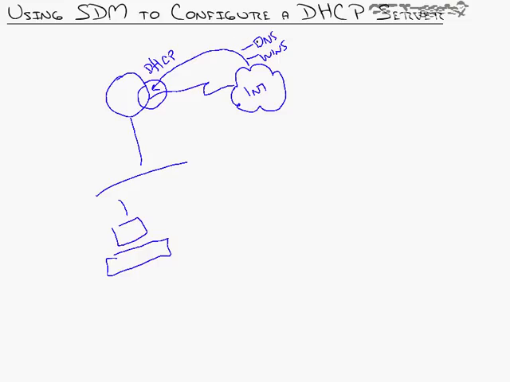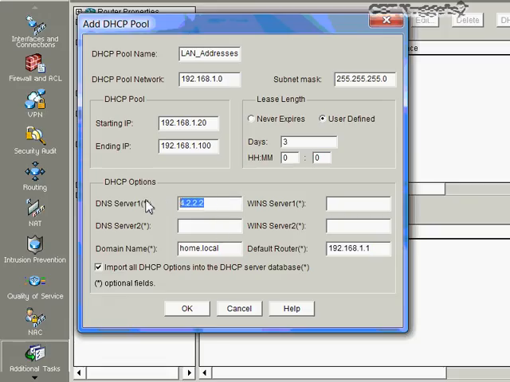So for example, if my ISP assigns me the DNS server 4.2.2.2, or another one is 4.2.2.3, I can say just import that and automatically assign that to your clients. That way, I don't even have to type this in. I could just wipe that out, and the router will automatically import what the service provider is giving it and assign that to all of its clients.